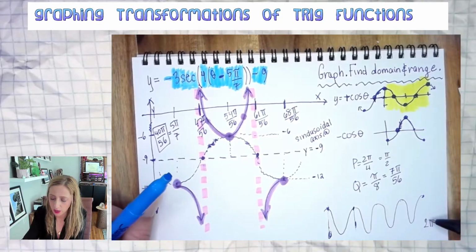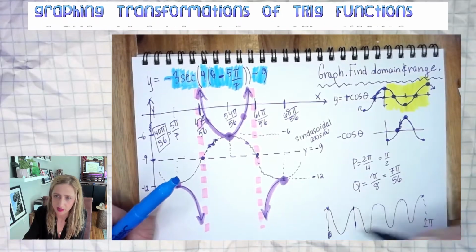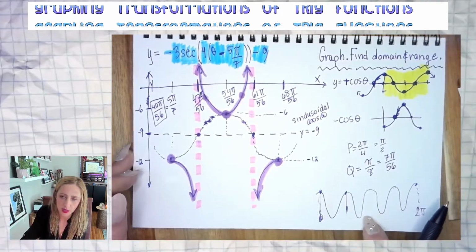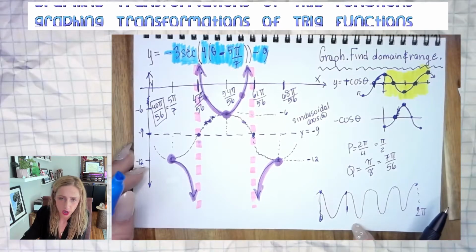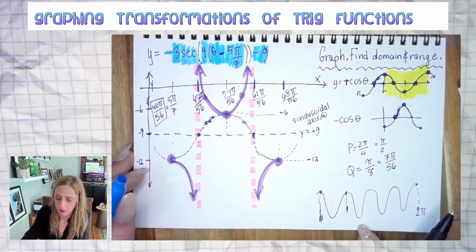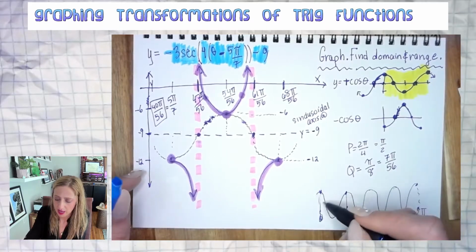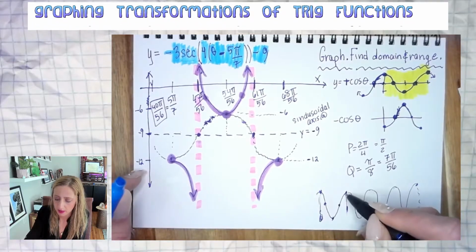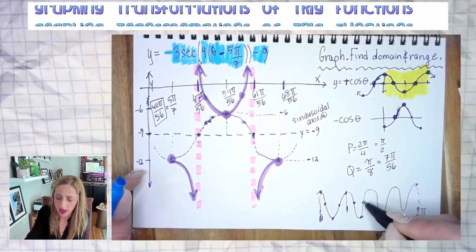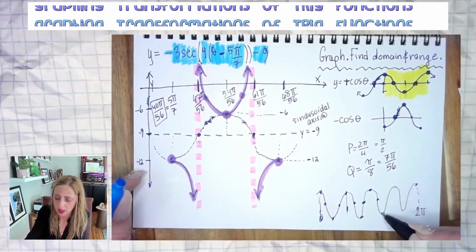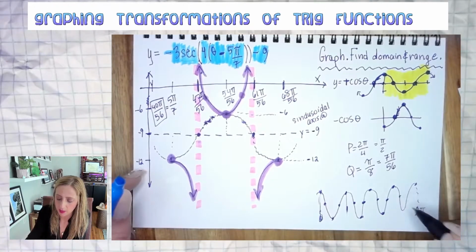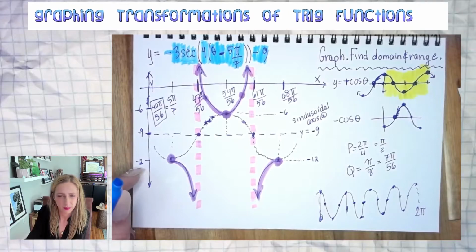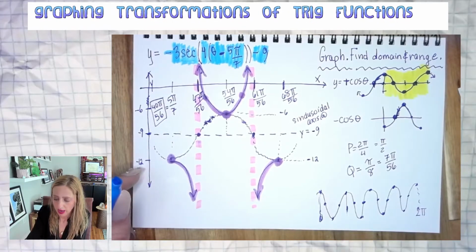Was the original cosine wave compressed horizontally or stretched horizontally? If I could see all of these cosine waves, did I have a horizontal stretch or compression if I am going from 0 to 2 pi and seeing this much cosine happening? A compression. Right, a compression.